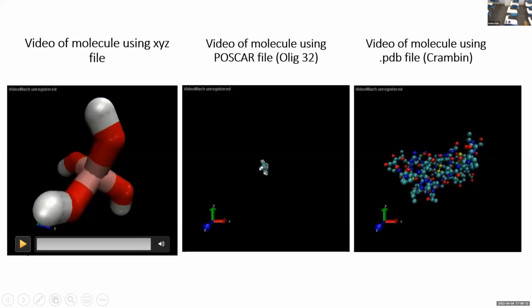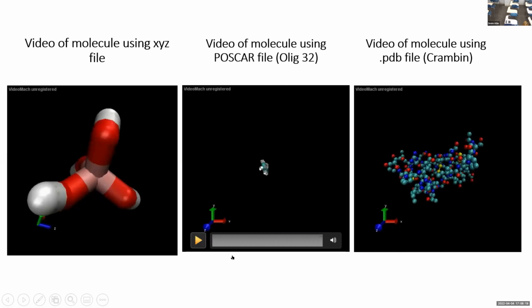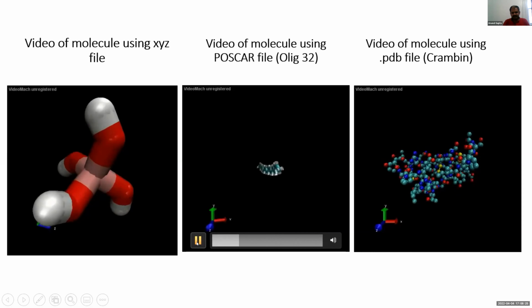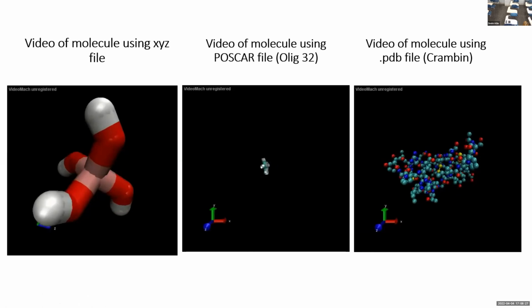If you use CONTCAR, it has only one snapshot and it will not show a movie. So one needs to use either movie.xyz or XDATCAR or OUTCAR from VASP. So here it is not actual, it's not a movie of molecular dynamics.